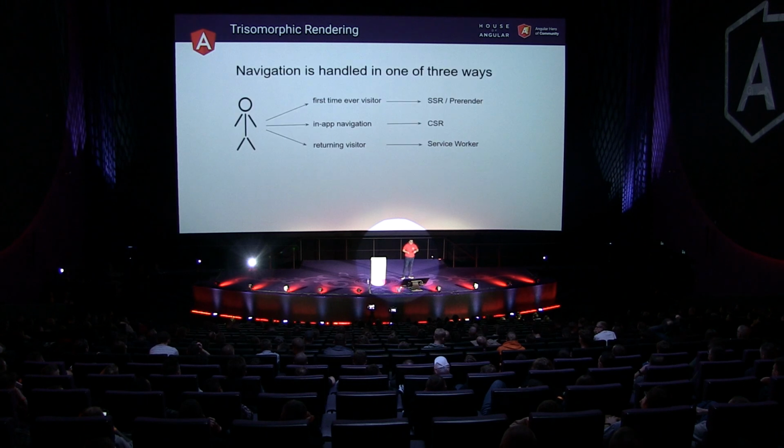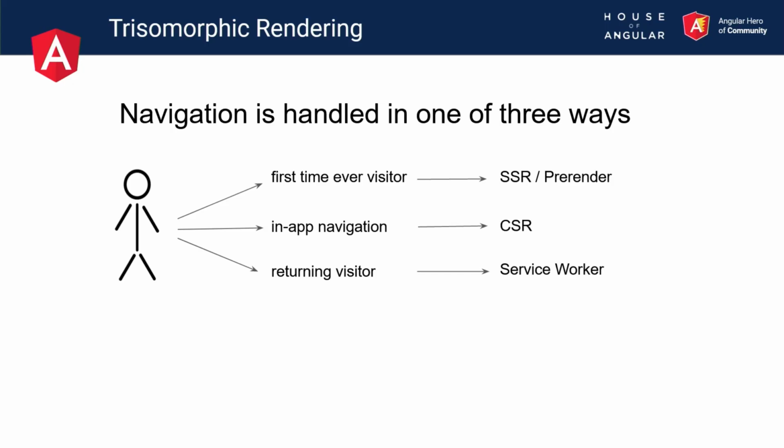Then your navigation is handled in one of three ways. If the user is a first-time ever visitor, your stuff will get served by SSR or pre-render, whatever you choose. Or if it's an in-app navigation, then it's just CSR.